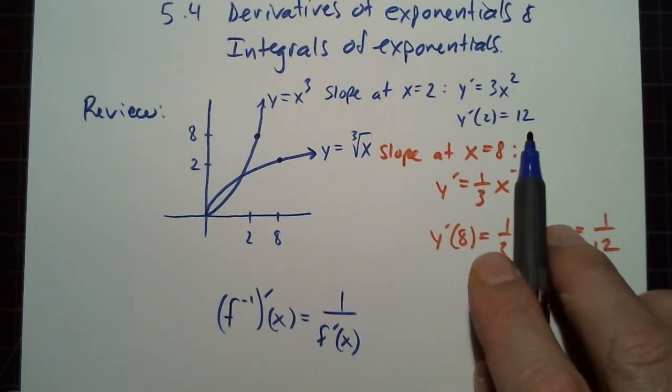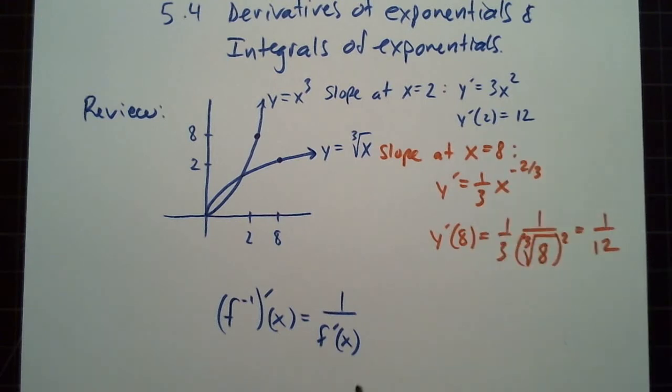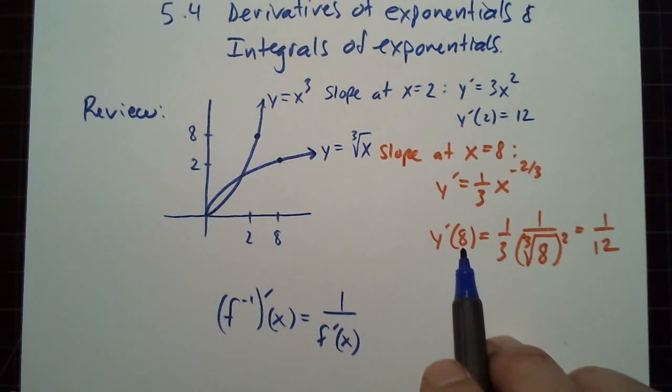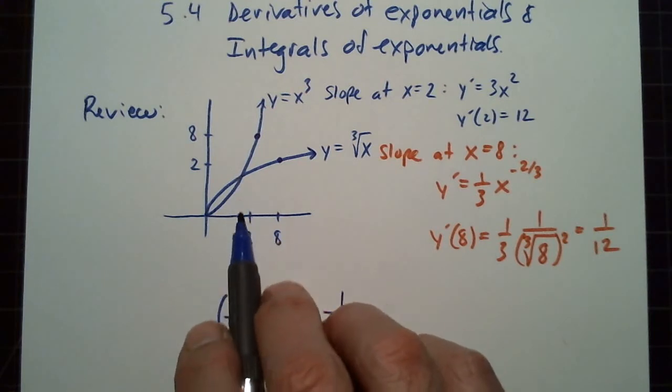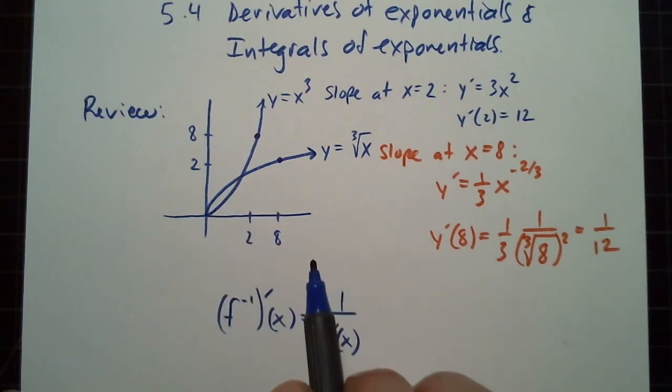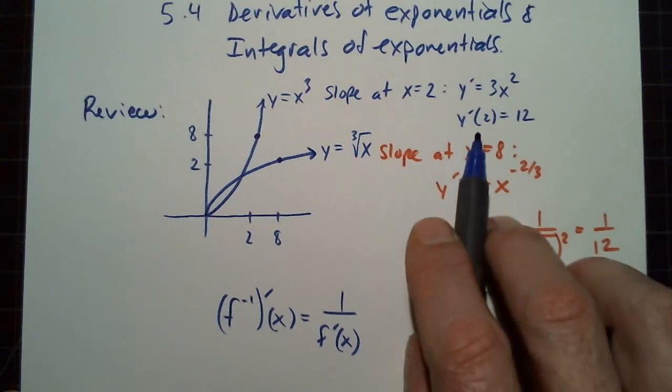So we can see this relationship that the slope of an inverse is the reciprocal of the slope of the function, but it's not at the same number. It could be at the same number if it was right here. We'd be at 1, 1, but every other time this number is going to be different than that number.